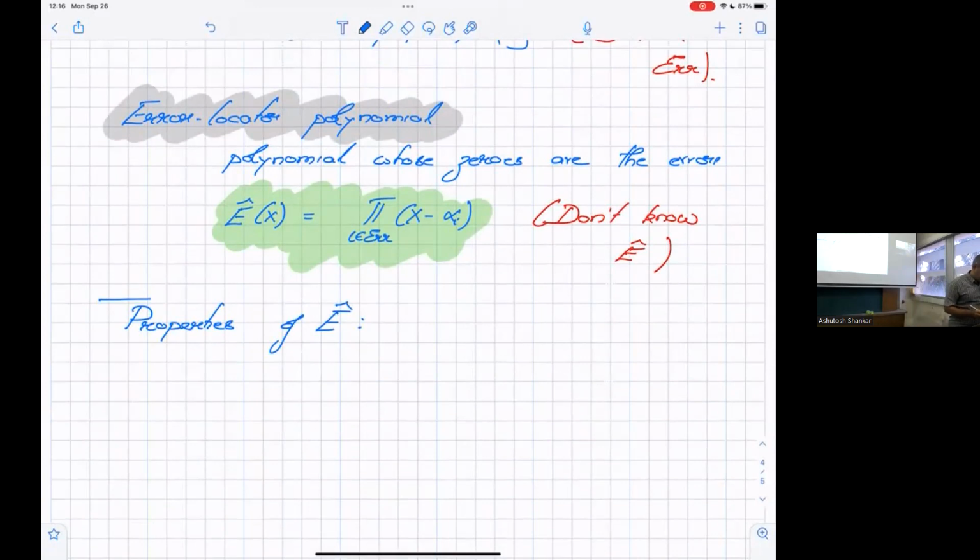The first thing is that E hat is not the all zeros polynomial. It's always at least one, because even if the error set is empty, it's an empty product, which is one. Furthermore, the degree of E hat is less than or equal to t.